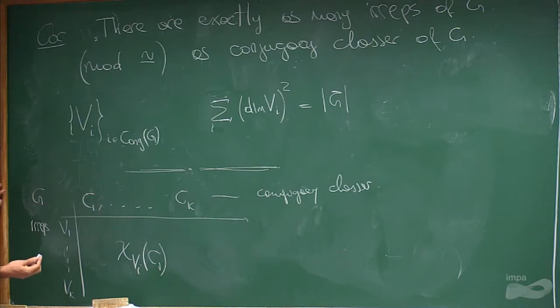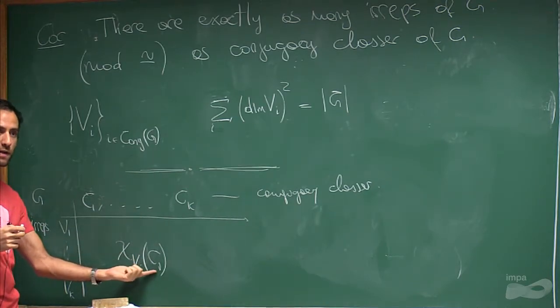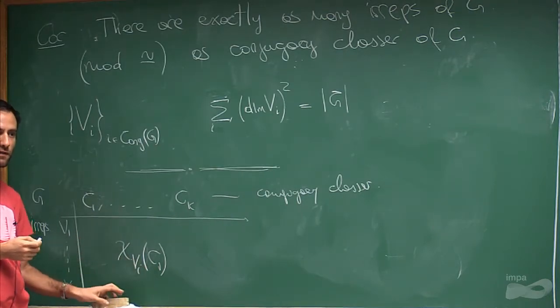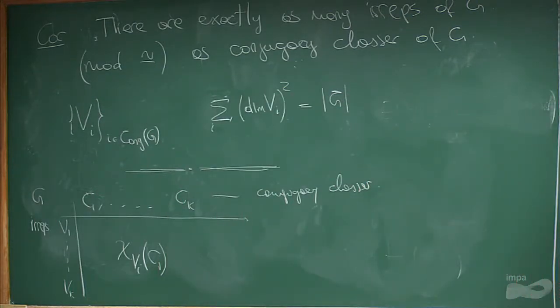So that's a matrix. Notice that this matrix is well defined because the character is a class function, so it depends only on the conjugacy class and not on the representative that I take. That matrix tells me everything you can know about the representation theory of the group, and hopefully enough to tell you everything about the group itself. Notice that the representation theory of a group is much simpler to understand than the group itself.